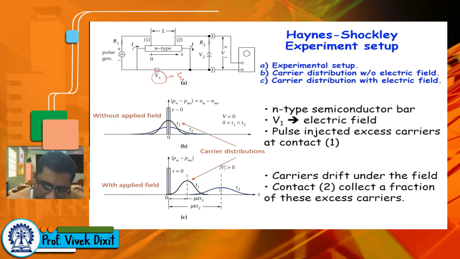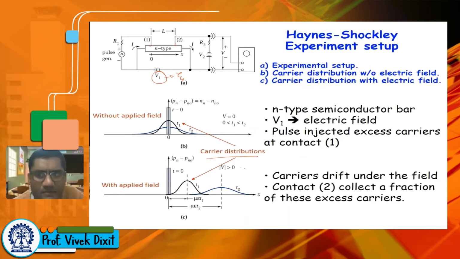In t2 it will be mu e times t2, right? So this is basically a carrier distribution. This picture shows that when there is no applied field, the pulse is just diffusing, but it's not moving. When a field is applied, the pulse is diffusing as well as moving, right?